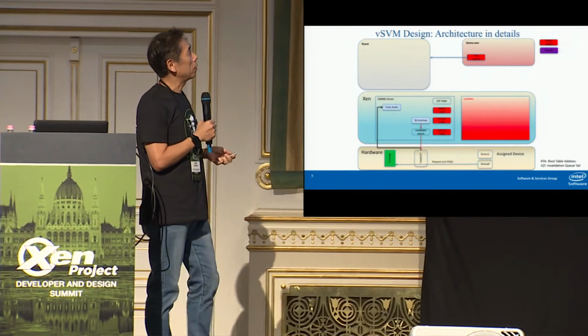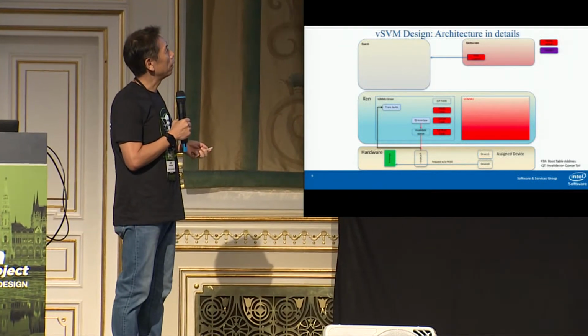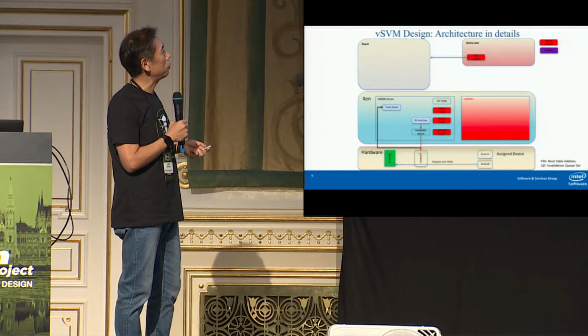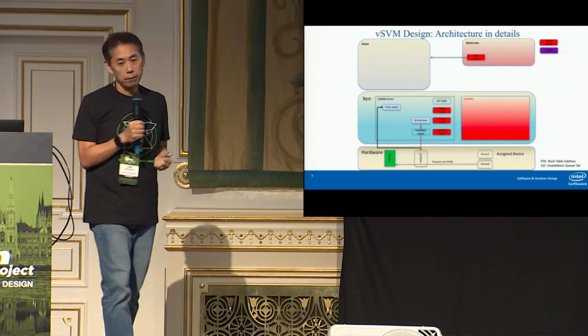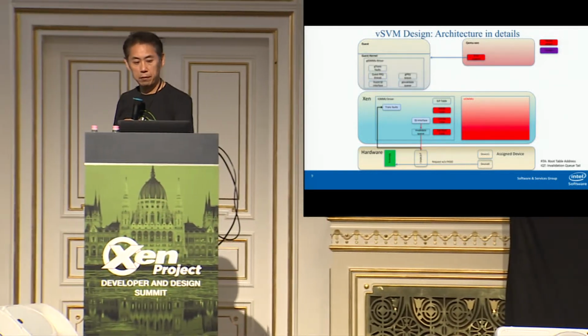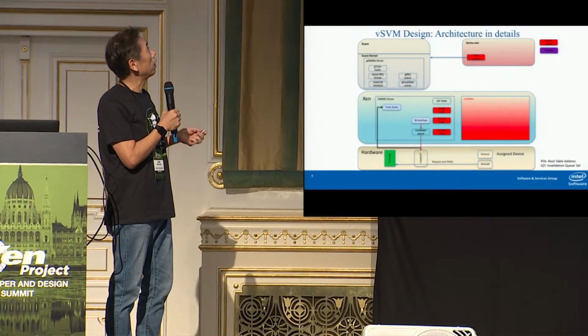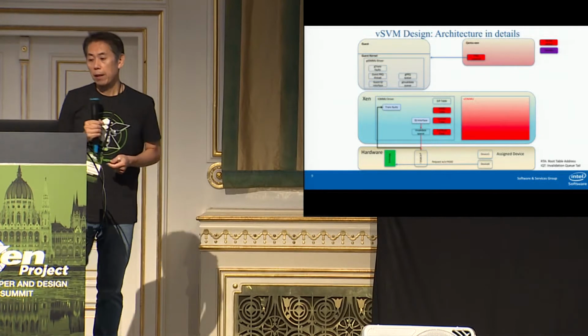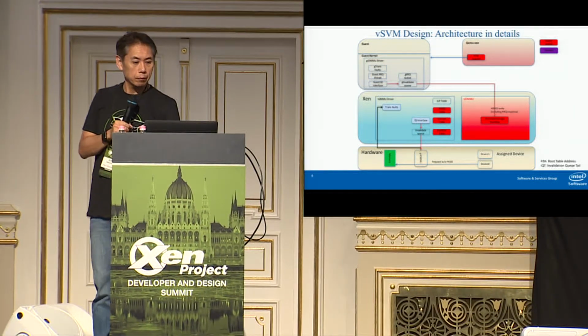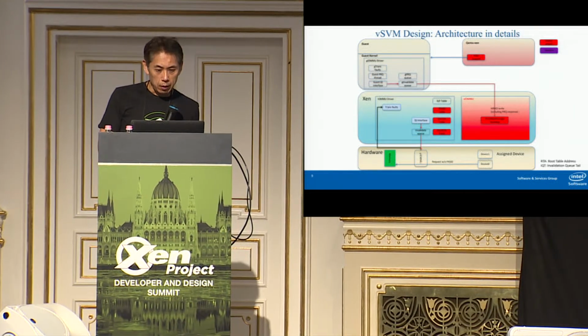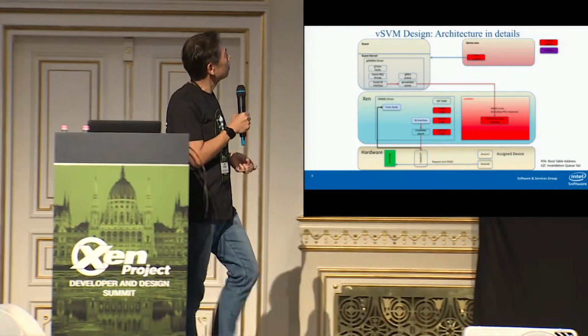Then this one is the IOMMU. Basically, we need to virtualize VTD in the guest, right? This way, you get virtualized VTD here, okay? Then this one, I cannot see well.